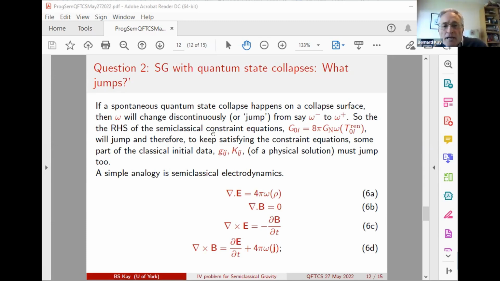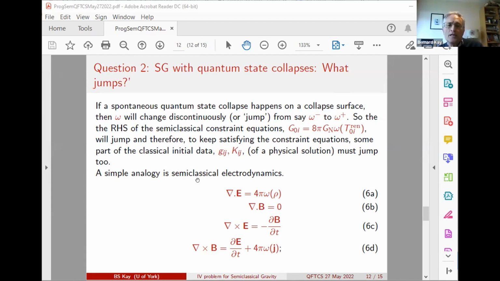So the right-hand side of the semi-classical constraint equations will jump. And therefore, to keep satisfying the constraint equations, some part of the classical initial data, G and K, we're dealing now with physical solutions, must jump too. Okay, so how do we deal with that?